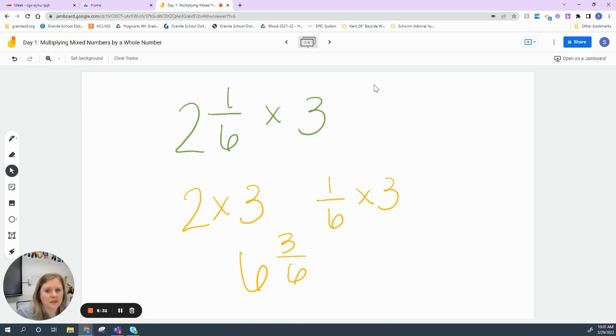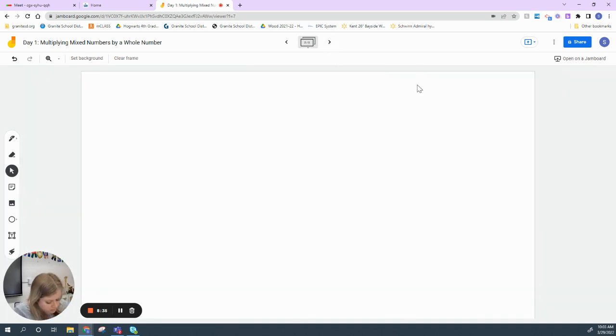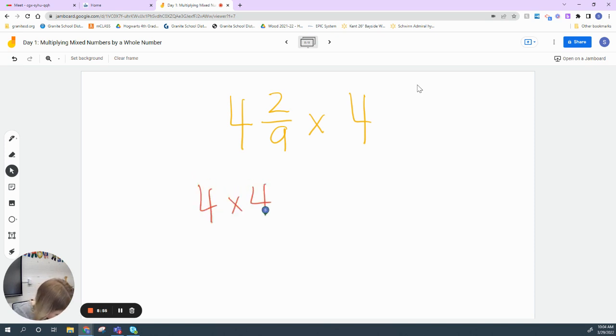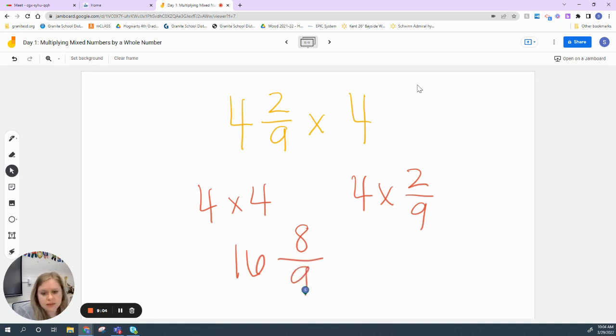So this is the last problem we'll do. 4 and 2/8 times 4. 4 times 4 is 16 and 8/8.